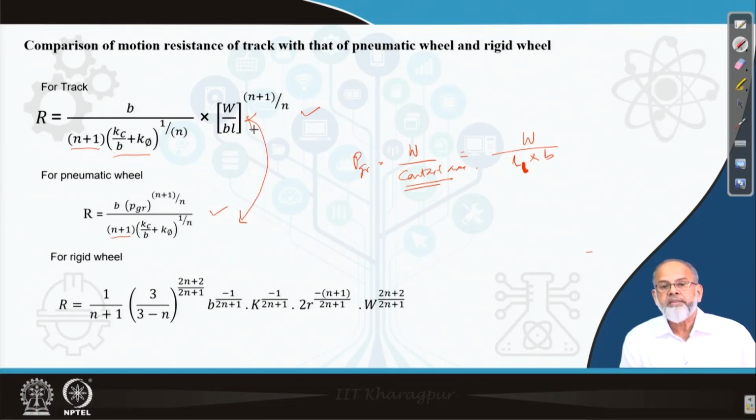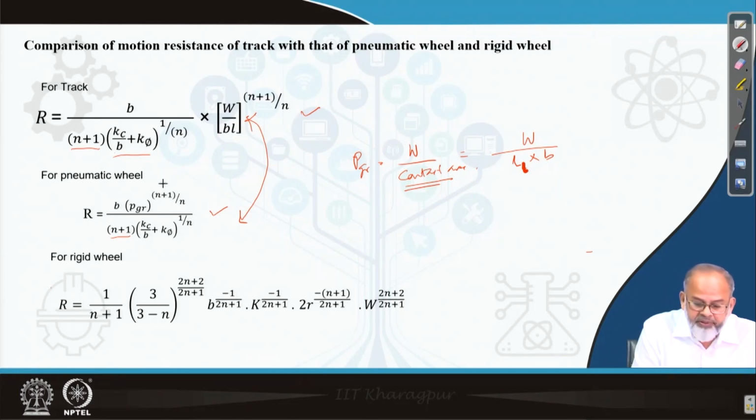Then the question arises, which one will give you lesser rolling resistance? When they are carrying the same parameters, nearly same expressions, because ground pressure is raised to the power n plus 1 by n, W by BL is also raised to the power n plus 1 by n. Then the question arises, which one will give you lesser resistance and why?